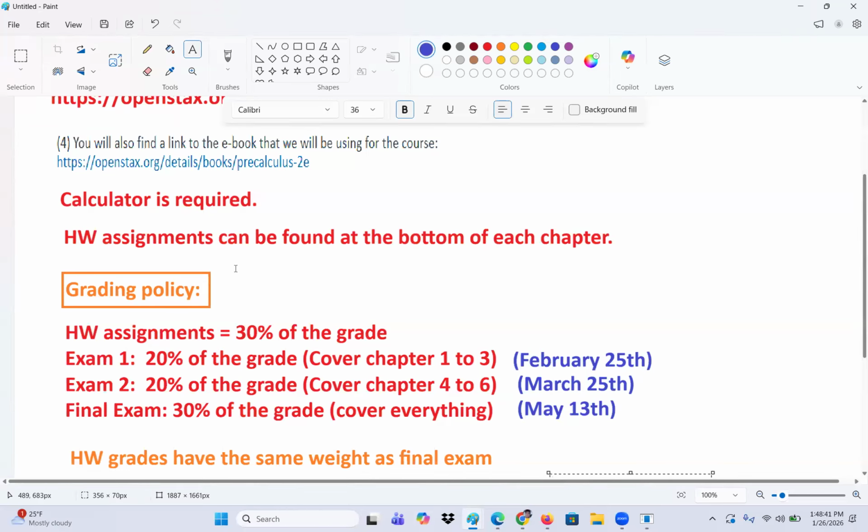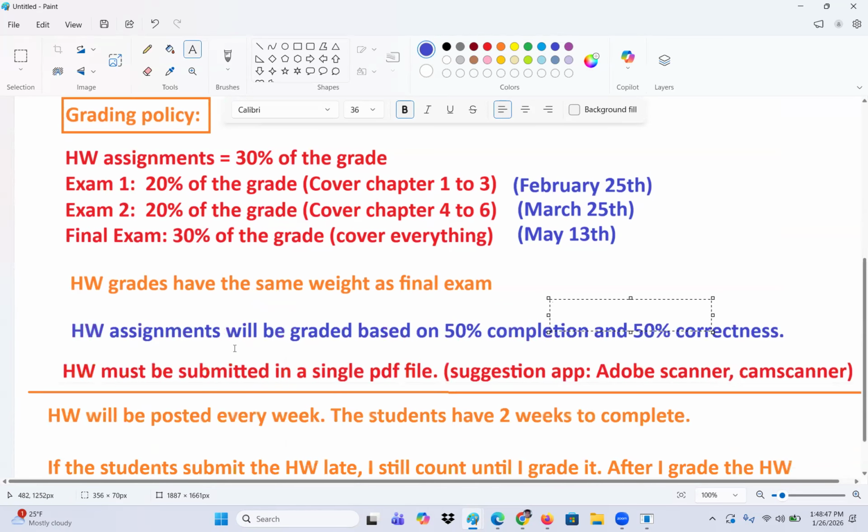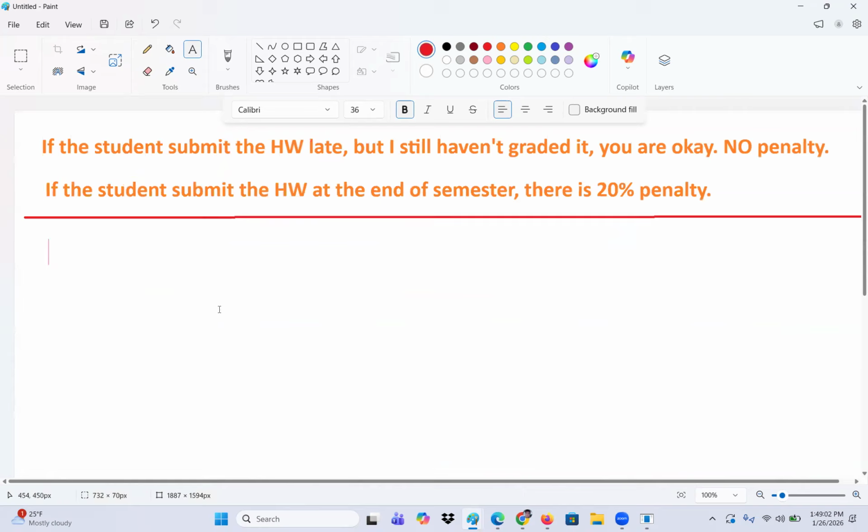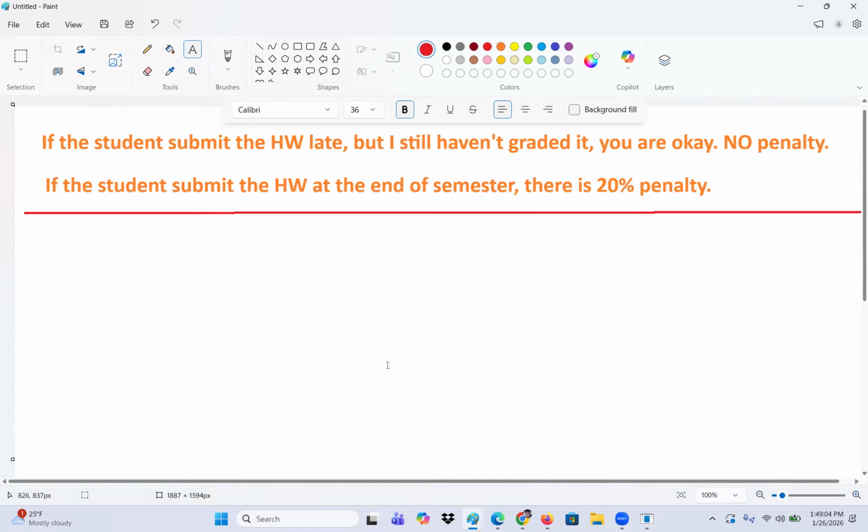You can try the even numbers too. Most of the work that is graded will be on the even number assignments, so make sure you pay more attention to it. I might give you a little trick: focus more on the even number homework assignments. Okay, are we good?